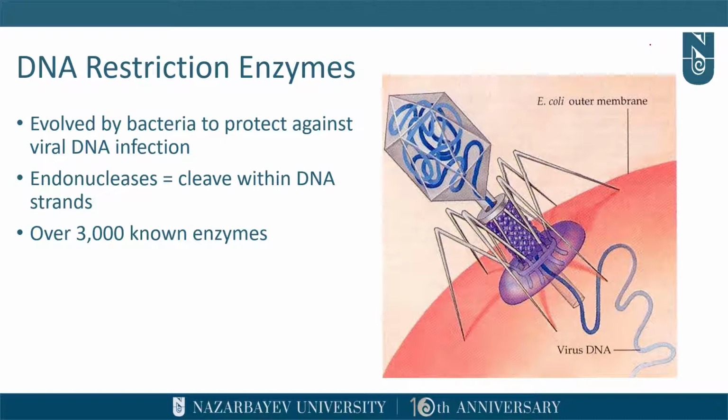Okay, so what are the restriction enzymes or restrictases? They are coming from the bacteria, and why did they evolve in the bacteria? Because since they are unicellular organisms, they don't have immunity to the invaders.